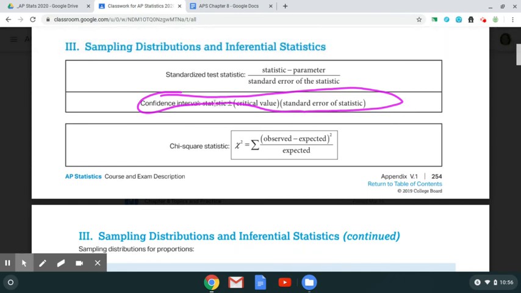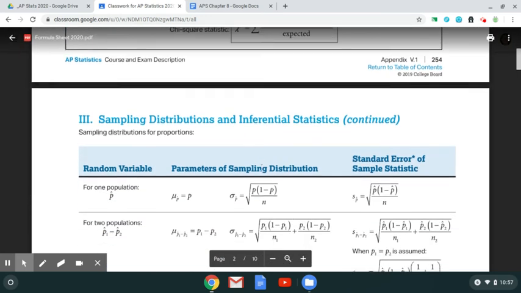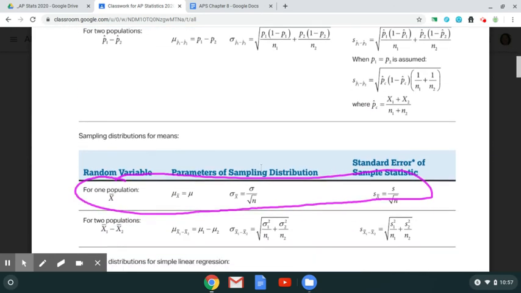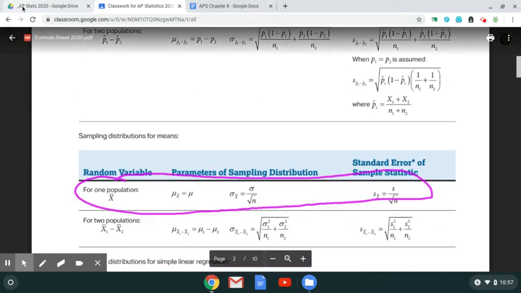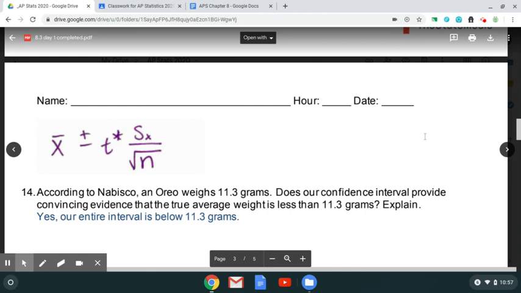If you're doing mean, you'll use x bar. Your critical value for proportions is z star. Your critical value for means is t star. And then your standard error of the statistic, you have those formulas on the next page. So you have everything you need. You just have to kind of piece it together.